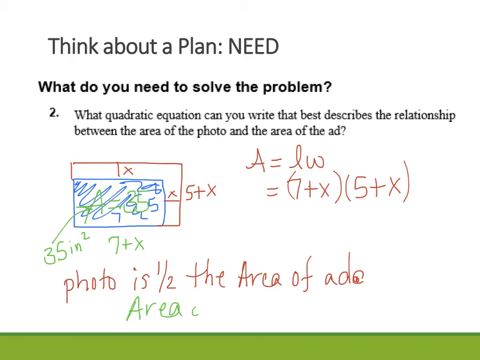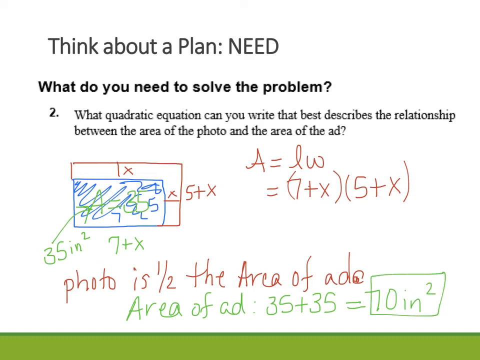That means that the area of the ad would have to be 35 plus 35, or 35 times 2, which is 70 square inches. And that is very important to us because we can use that to set up the equation that we can use to solve the problem.